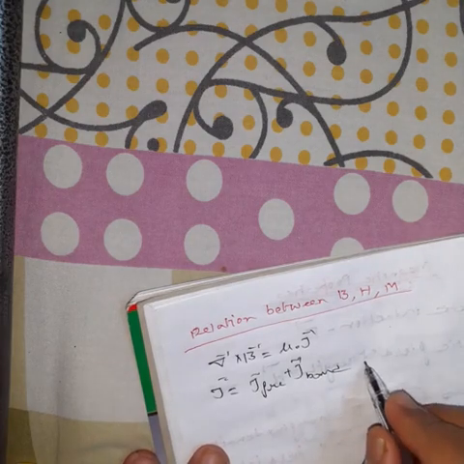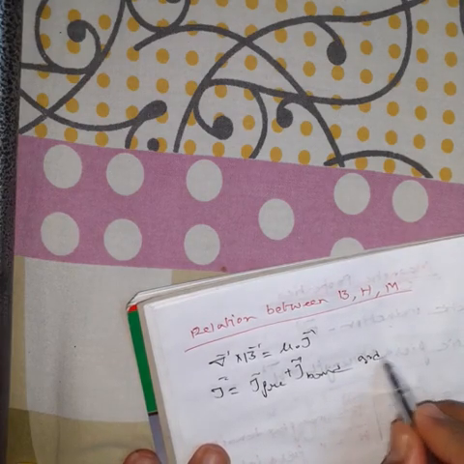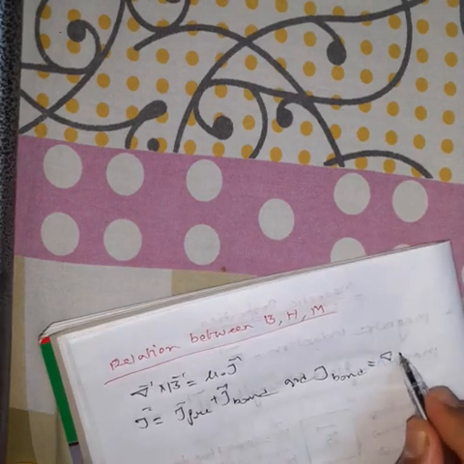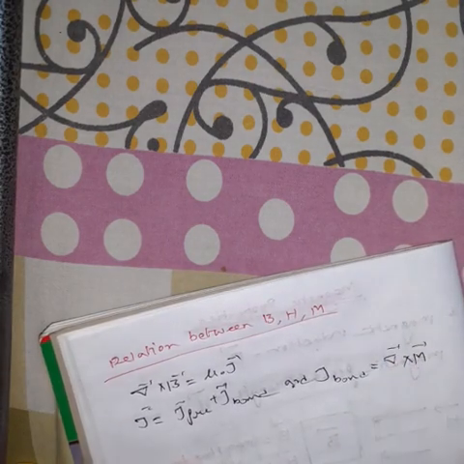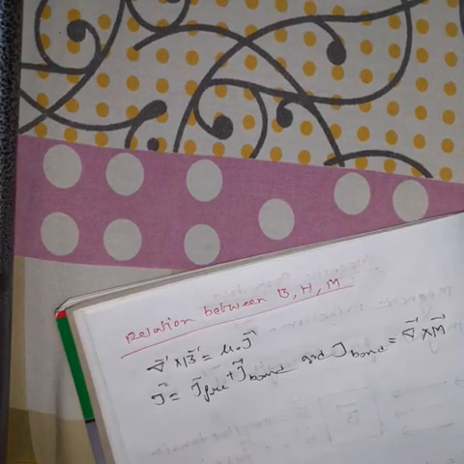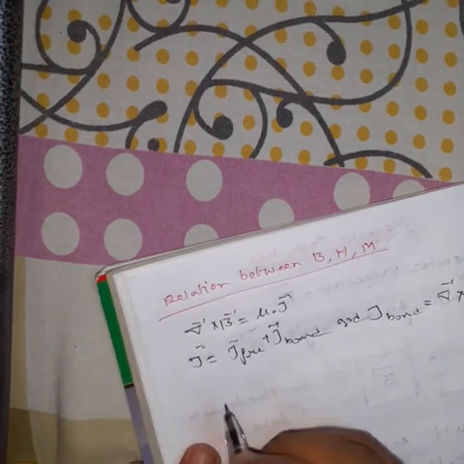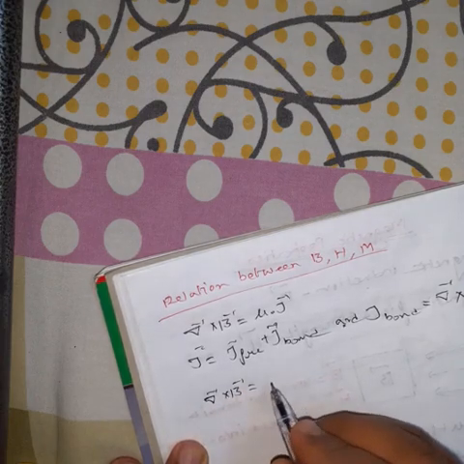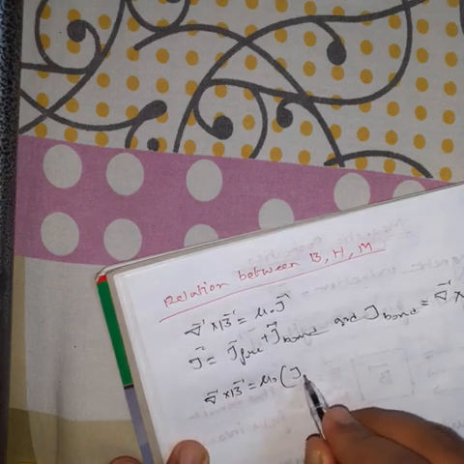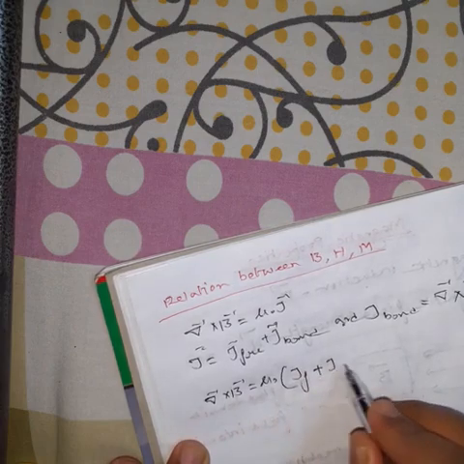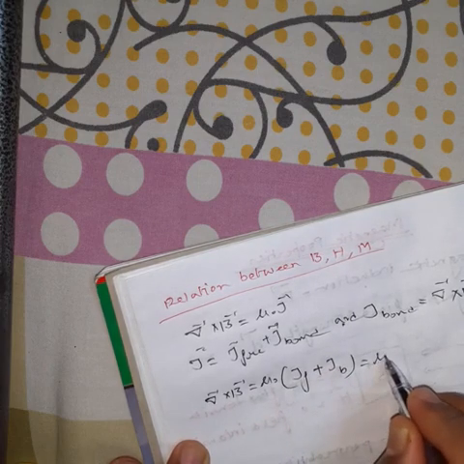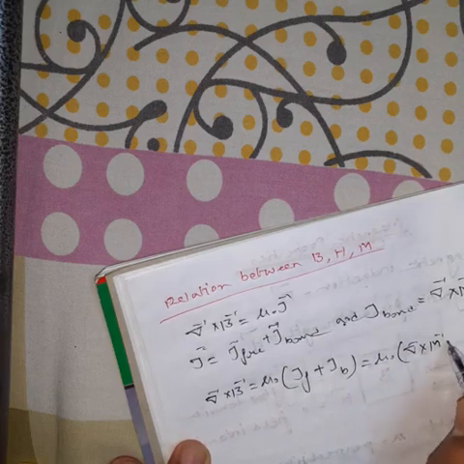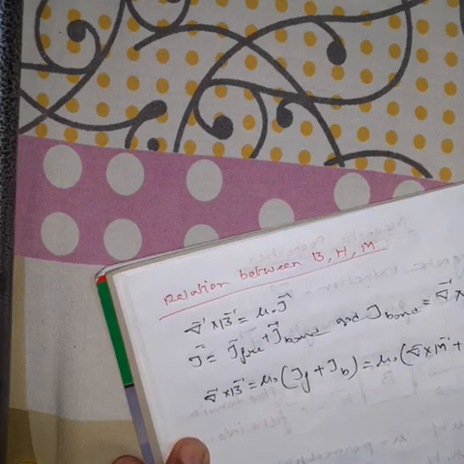Now for the bound current, J bound is related to our magnetization, so this is curl of M. So we can write curl B equal to mu naught (J free plus J bound), which is equal to mu naught curl of M plus mu naught J free.